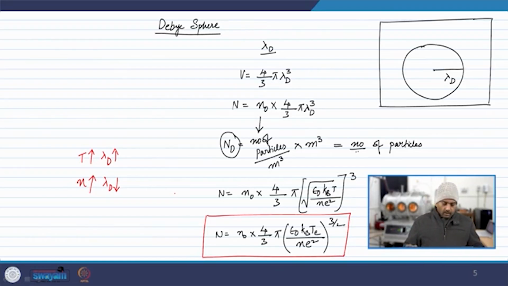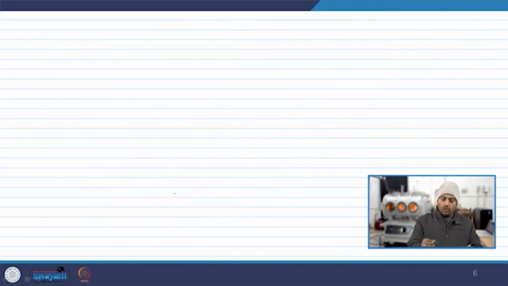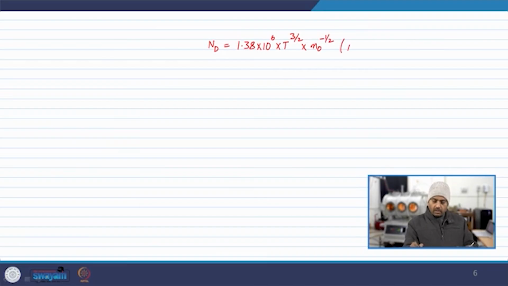And if you use the known values of constants, we can write N_D as 1.38 × 10^6 × T^(3/2) × n_0^(-1/2) when T is in Kelvin.